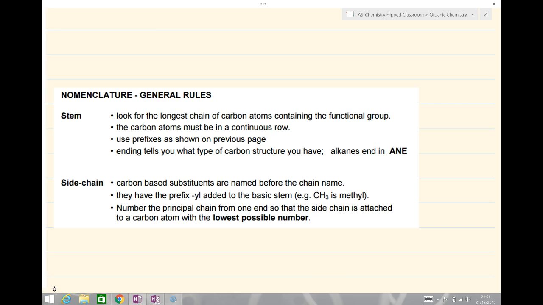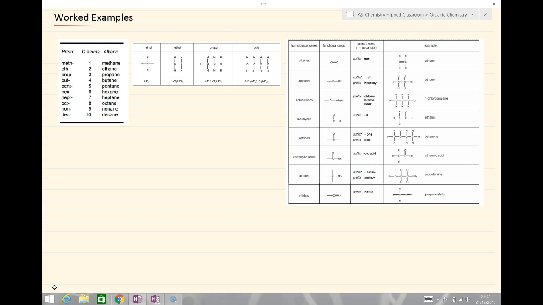We're now going to work through a series of worked examples. Now for each of the worked examples that we're going to be looking at, we're going to be using these 3 pieces of information. The first, over on the left hand side, reminds us simply of the number of carbon atoms and the prefix that's associated with those.